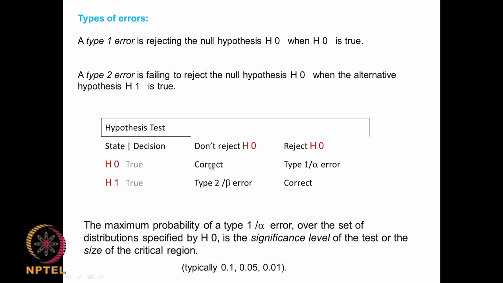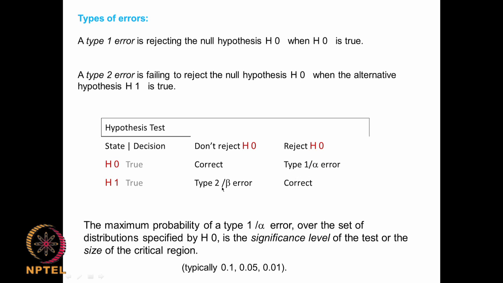Here, when the null hypothesis is true and you do not reject it, this is correct. Similarly, when the alternate hypothesis is true, you need to reject the null hypothesis. This is a correct situation, whereas sometimes, although the null hypothesis is true, we end up rejecting the null hypothesis. That is called the type 1 error or alpha error.